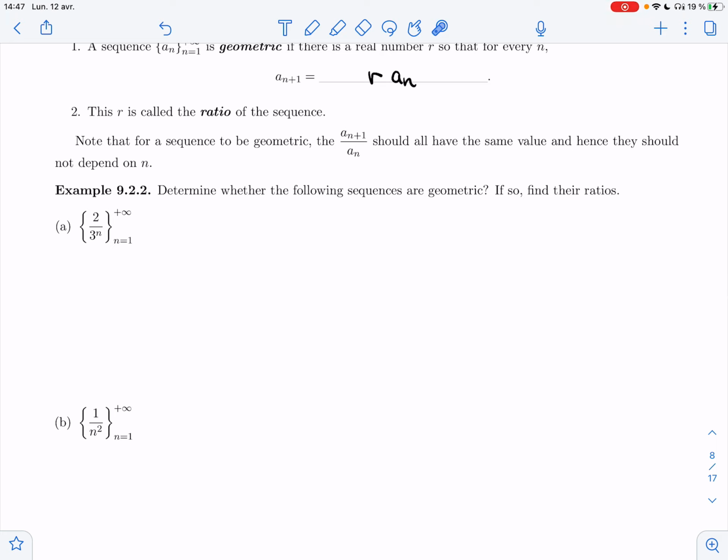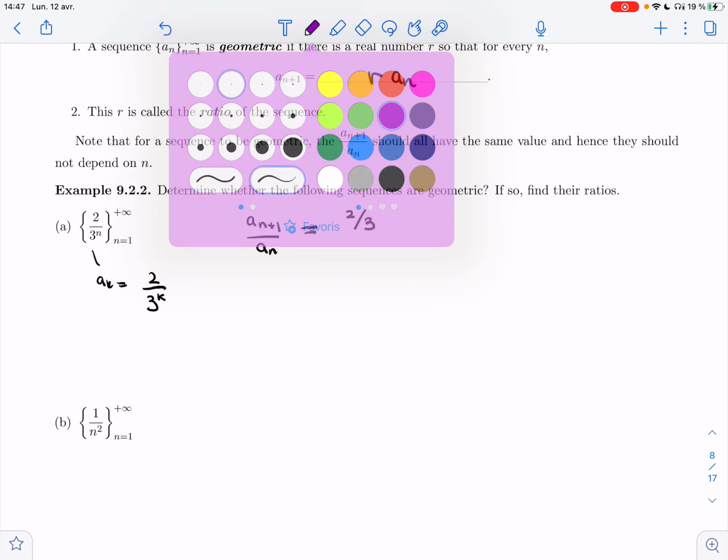All right, so if I take 2 over 3 to the n, I want to look at the ratio of a_(n+1) over a_n, and I want to see whether I can simplify it to get just a number and not anything that depends on n. You could write it in terms of a_k if that's easier for you. If you're fine with just n, that's fine. I'm going to take k equals n plus 1, and that's going to be the top.